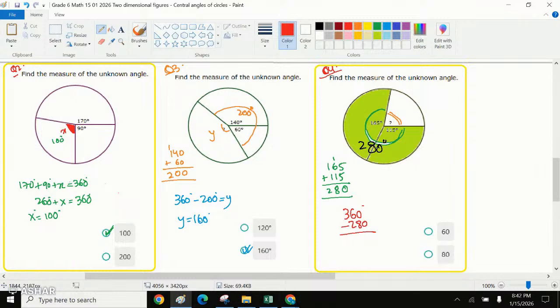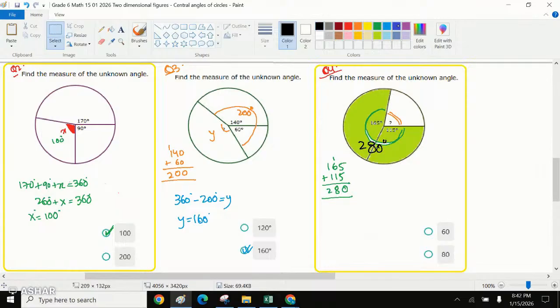Please verify again. See, 360 minus 60 is 300. It's not 280, right? Let's do the subtraction.